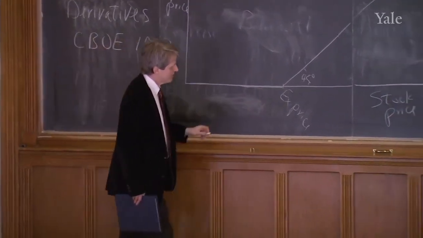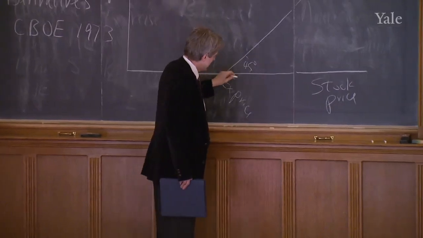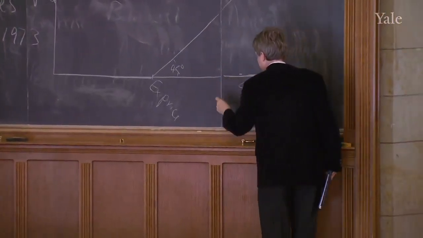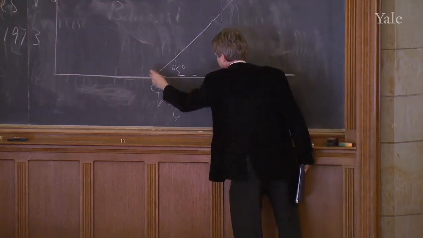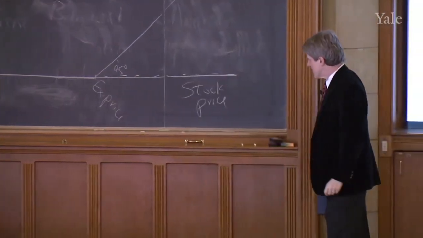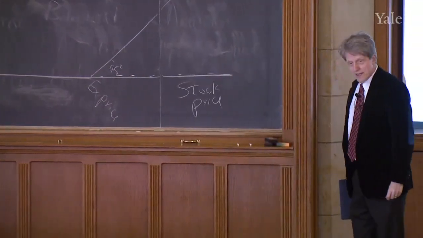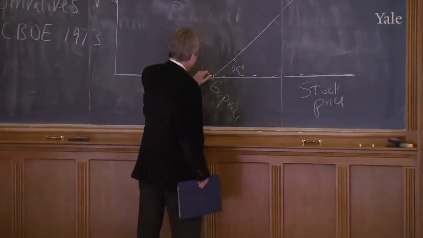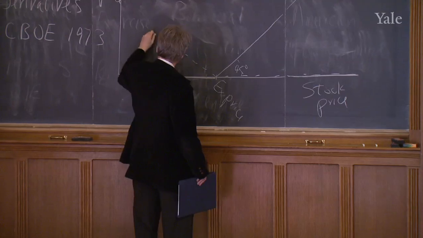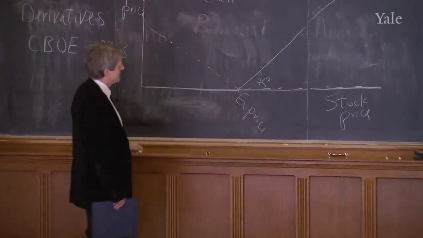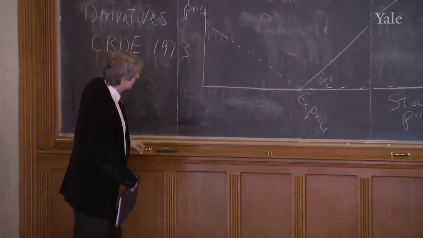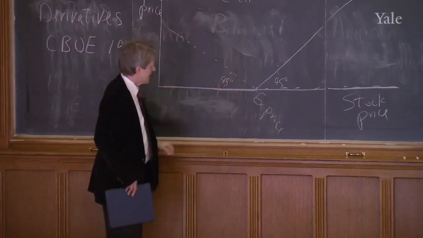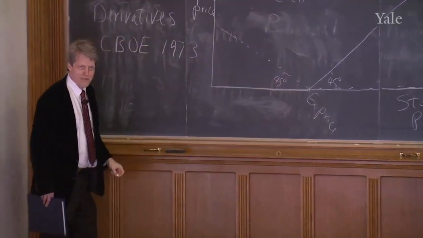A put is out of the money up here, if the stock price is above the exercise price, because you're selling now, and it's in the money if the stock price is less than the exercise price. I didn't draw that very well, but that's supposed to be a 45-degree line. That's a 45-degree angle. It has a slope of -1, right?